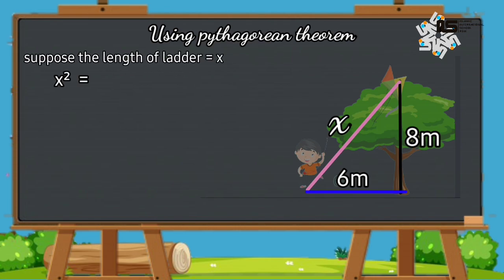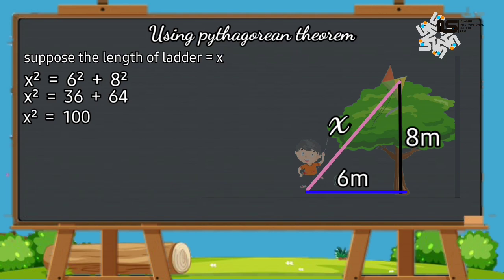So we have x square is equal to 6 square plus 8 square. 6 square is equal to 36 and 8 square is equal to 64. And then we add 36 plus 64 is equal to 100.